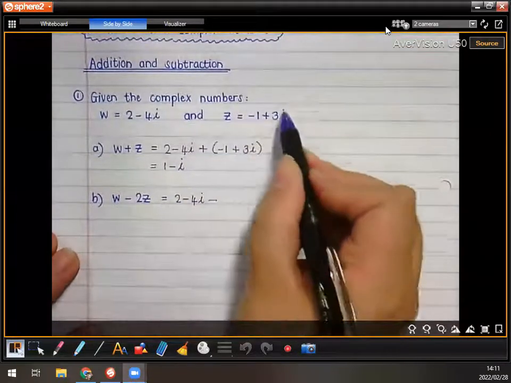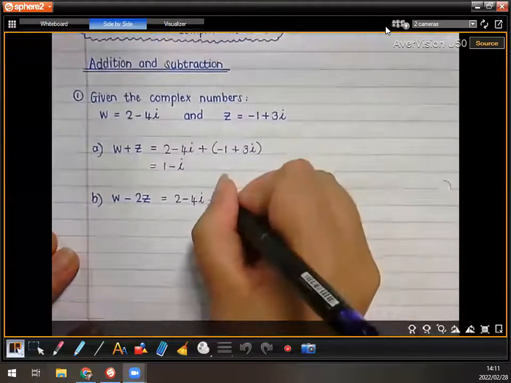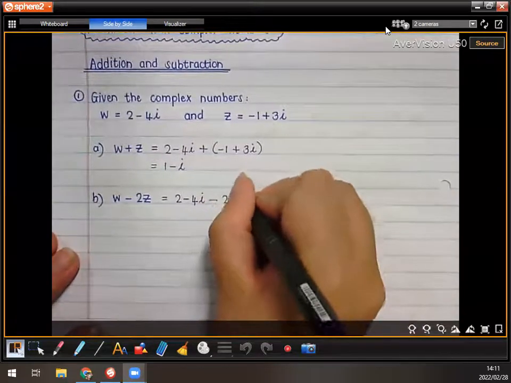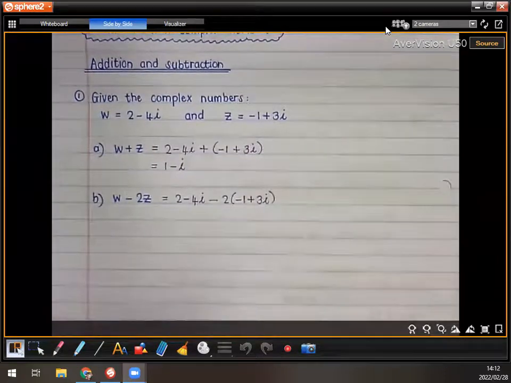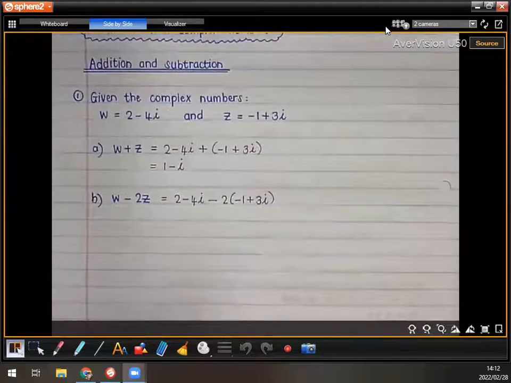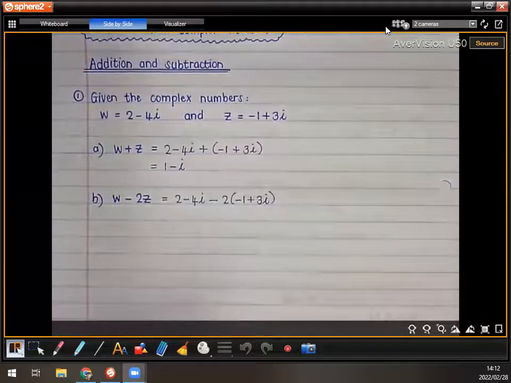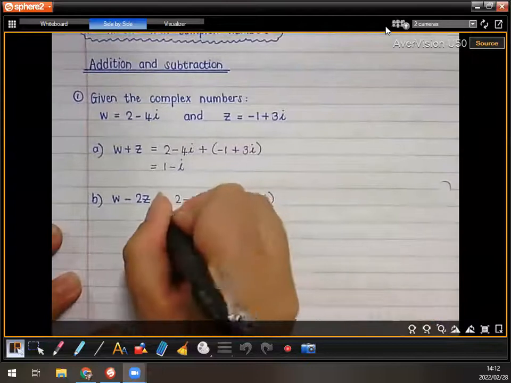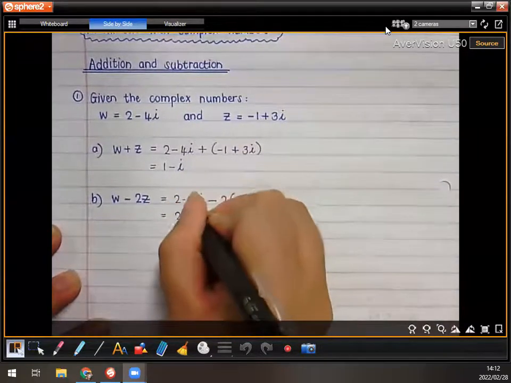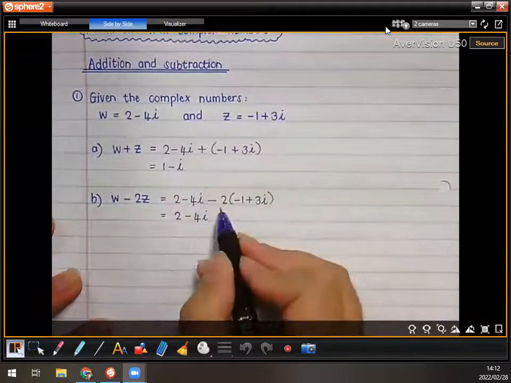But z is this complex number, so 2 times z. What do you think I'm going to do next? Multiply the negative 2 into this bracket, right? I'm going to keep my 2 minus 4i as it is.